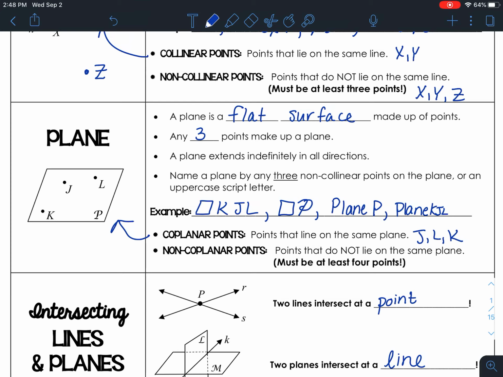They all lie on plane P. If I were, again, to use a cute little letter over here, M, that's not on that plane, M, K, J, and L are non-coplanar. Now here you can see in bold, it says must be at least 4 points. That's because 3 points make up a plane, 4 points, we can then say, hey, 3 of these are on the same plane, this 4th one is off.